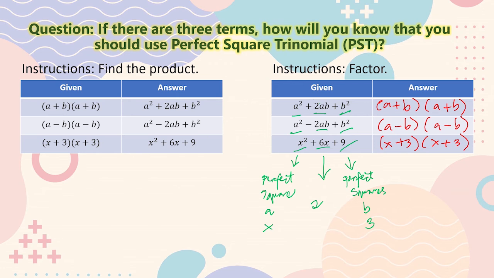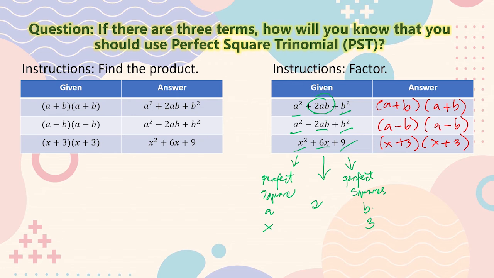Next, you will notice that it is actually the product of our first and second term when you get its square root. So for example, the square root of a squared is a. The square root of b squared is b. If you multiply a times b times 2, you'll get 2ab.